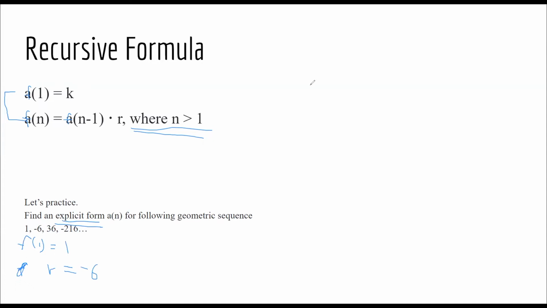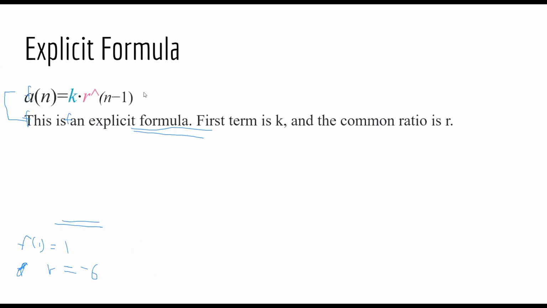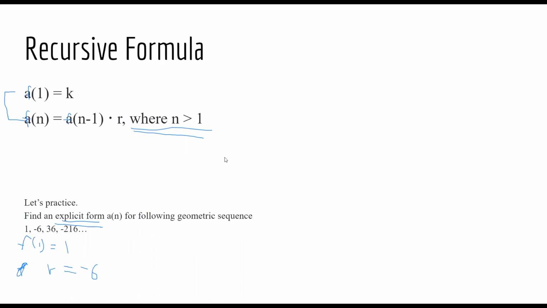So if we go back, this is the explicit formula: first term times common ratio to the power n minus 1. So f of n equals first term 1 times common ratio -6 to the n minus 1.